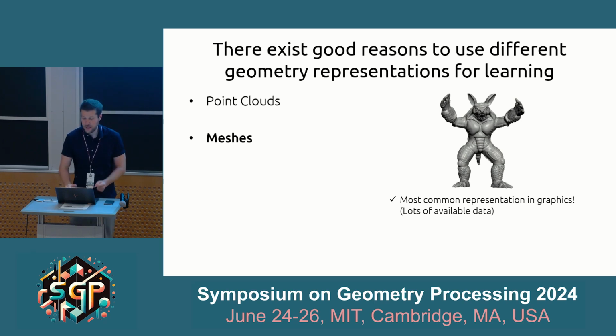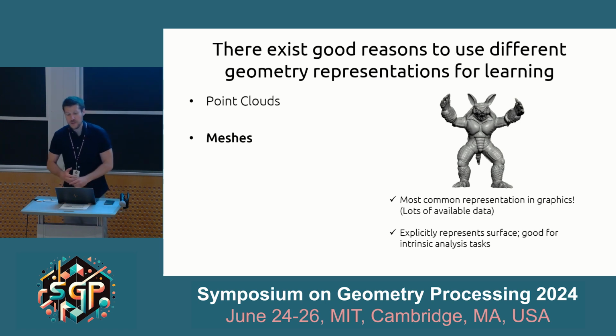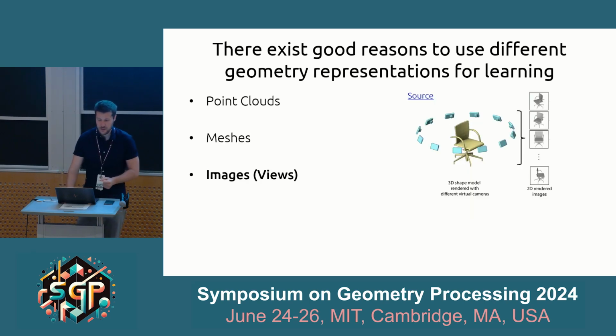We'd like to be able to work with that, so we should figure out how to do learning on meshes. Also, meshes compactly and explicitly represent the actual surface of the object, unlike a point cloud, where we just have discrete samples of where the surface is. So if you really want to do what in geometry we'd call intrinsic analysis, analyzing some property of what's happening on the surface, this is a great representation for that.